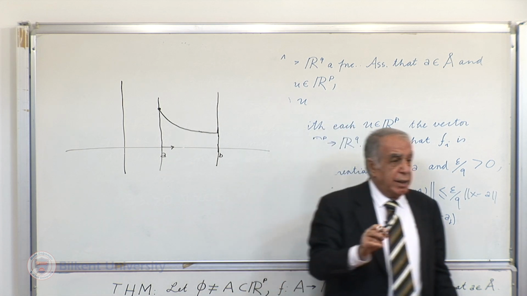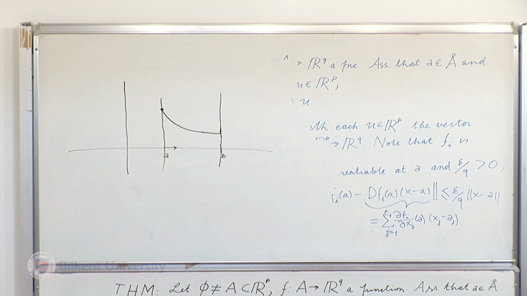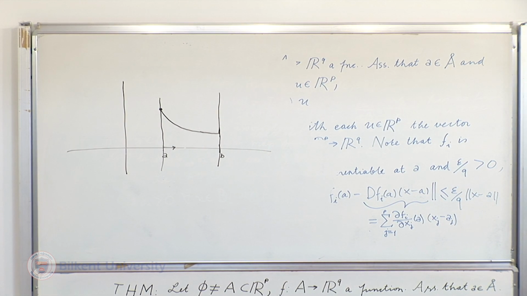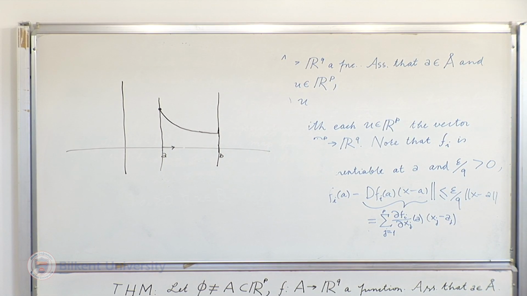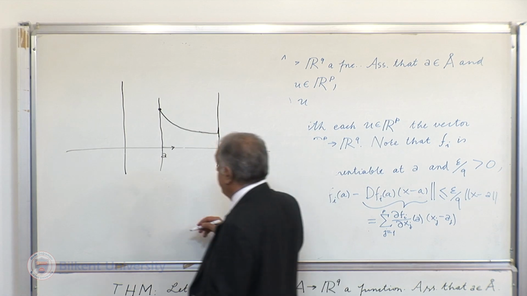But the directional derivative in the one-dimensional case, in the direction of 1, is nothing but the derivative itself. And the slope is negative there, so it's less than or equal to 0. But what about this?